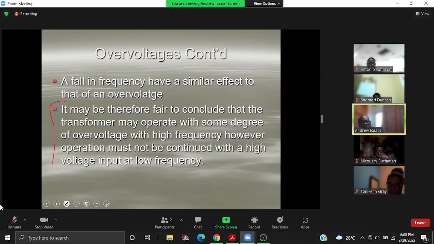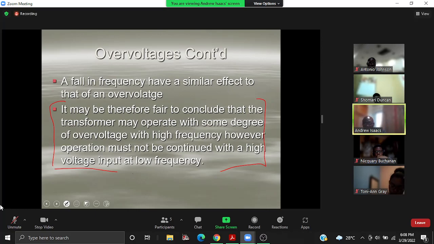This summary statement is suggesting to us not that high frequency and high voltage is okay. What we're saying is that because low frequency negatively impacts the transformer, what you are getting is a worse scenario if you're going to have the low frequency and the high voltage.